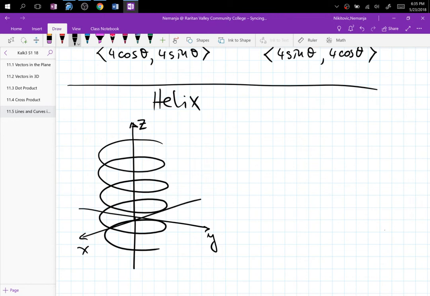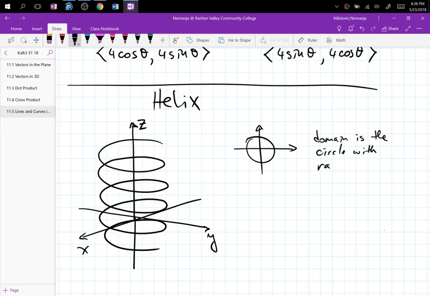If you look at the little spring from your pen, you put it straight up on the desk and look from above, you are going to see that the domain is a circle with radius r.